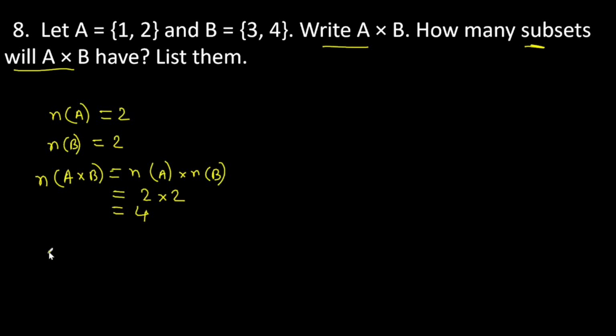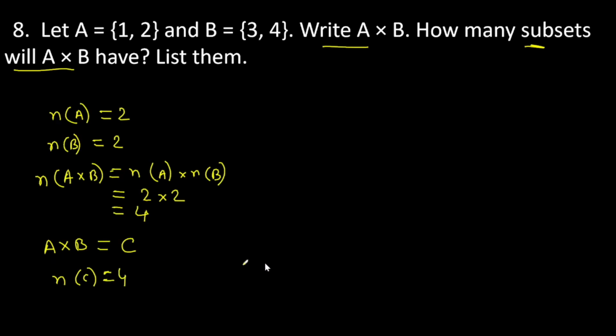So if I consider A cross B equals another set C, how many subsets does C have? n of C is what? 4.